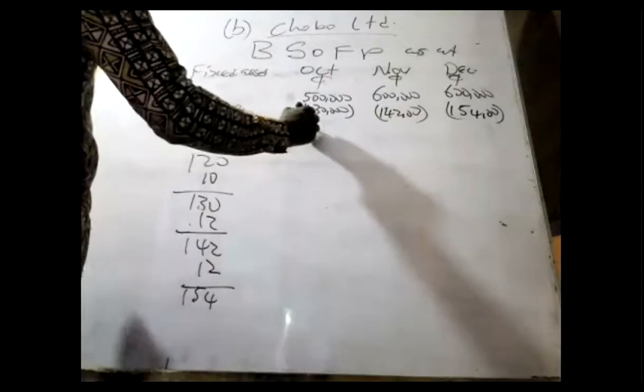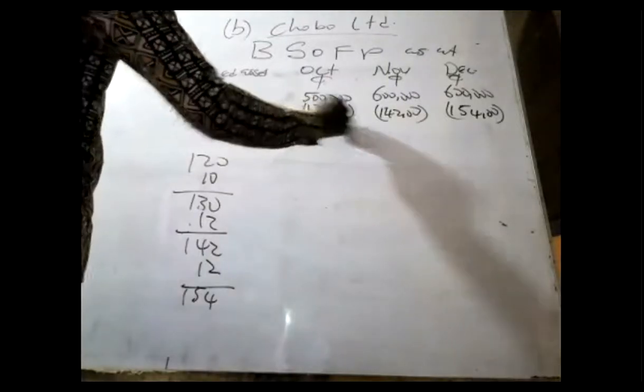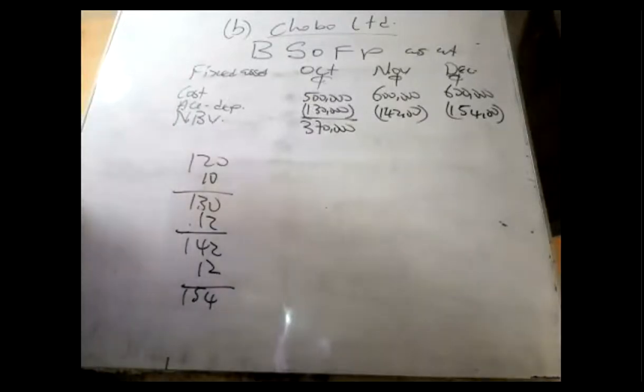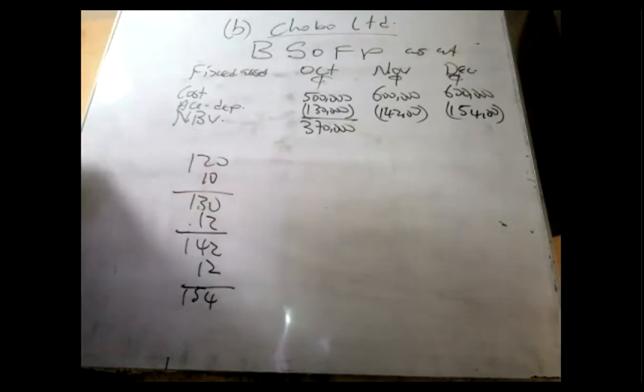500 minus 130 gives us 370,000. Then 600 minus 142 gives 458,000.